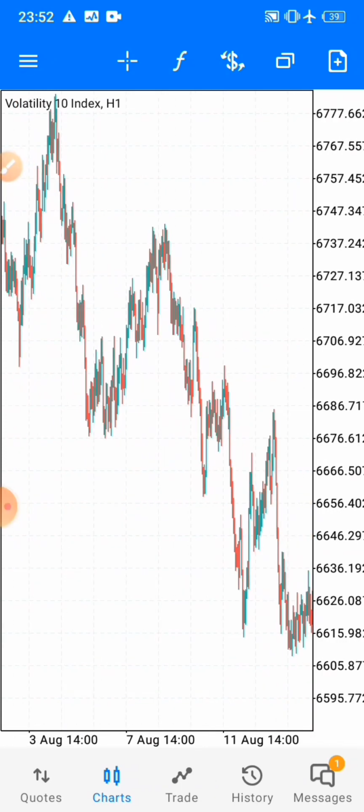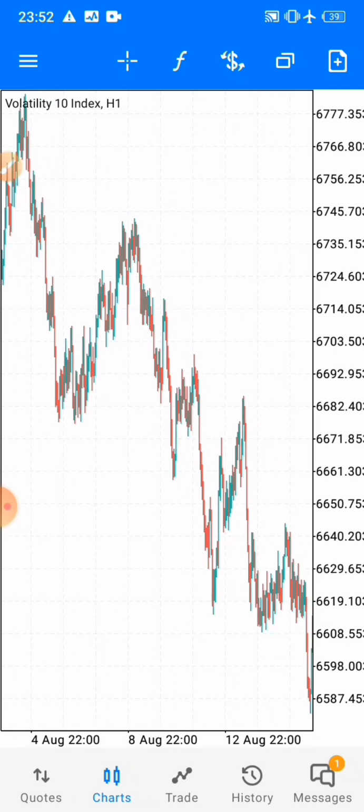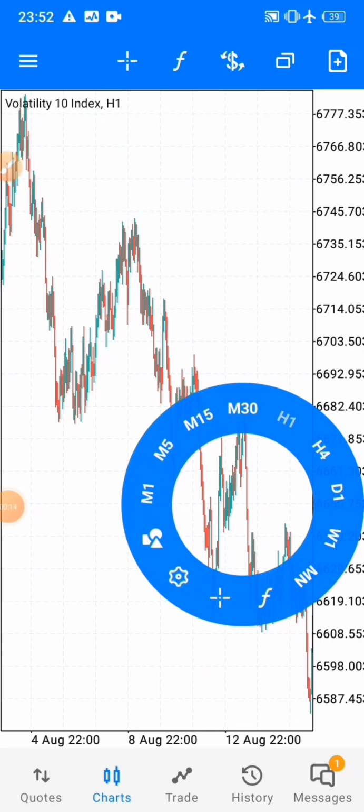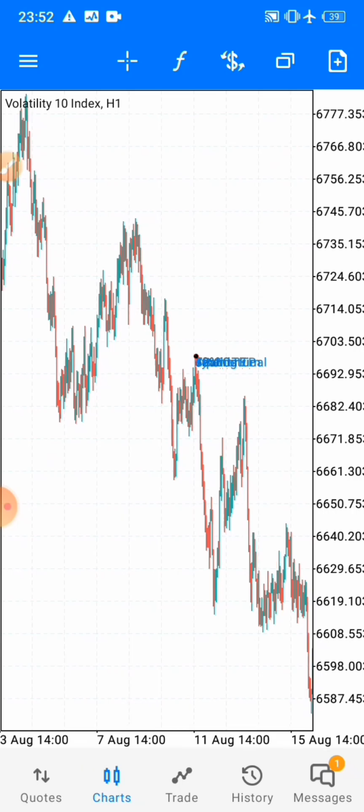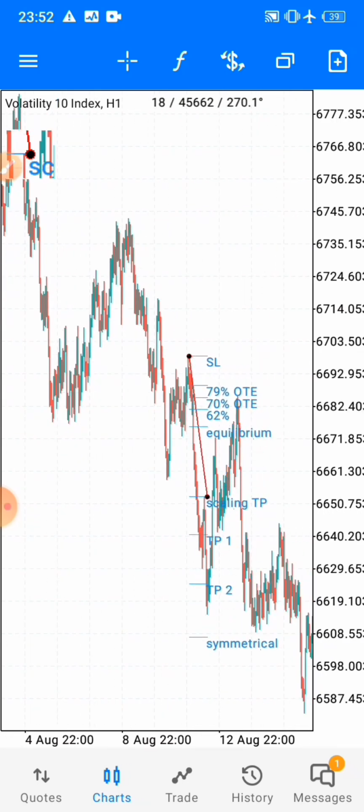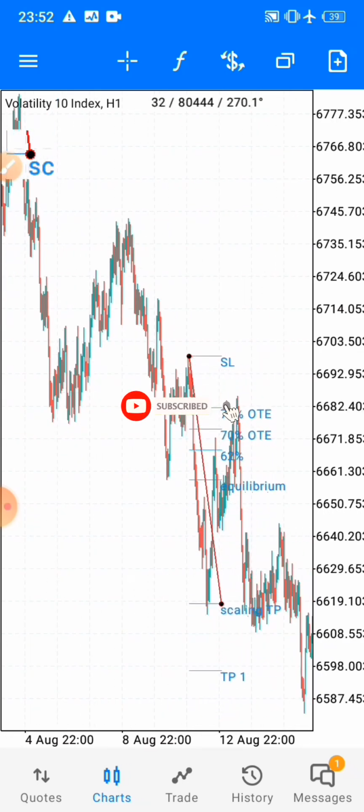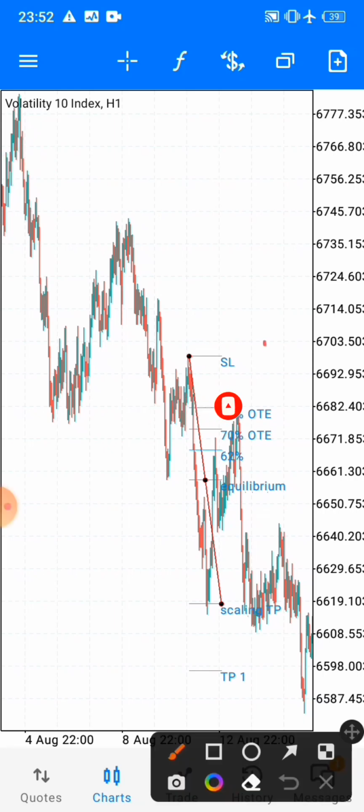Then for the second part, how to draw the Fibonacci. Firstly, we go to our tools and use the Fibonacci. Here we are looking for a sell setup, so we mark from the highest point to the lowest point. If it's a sell, we start from the highest point going to the lowest point.